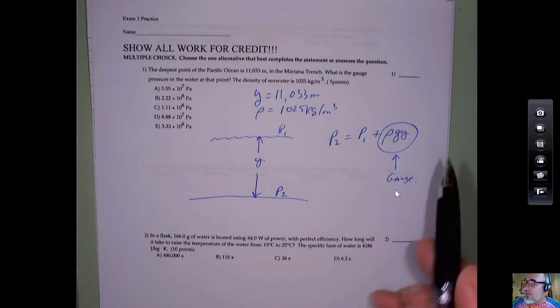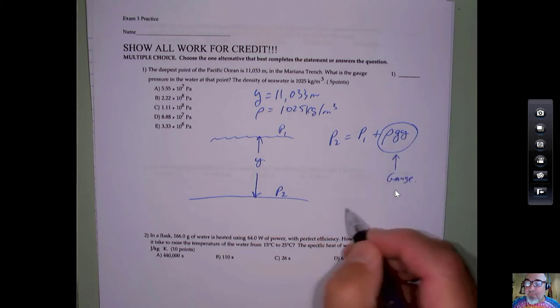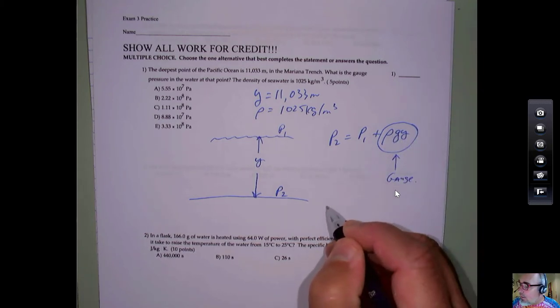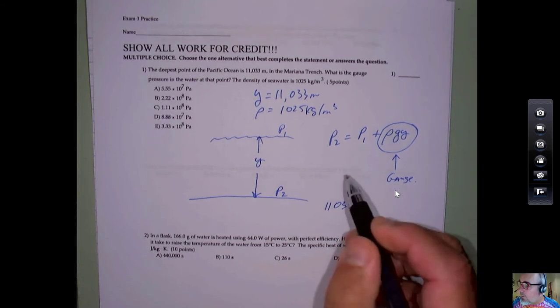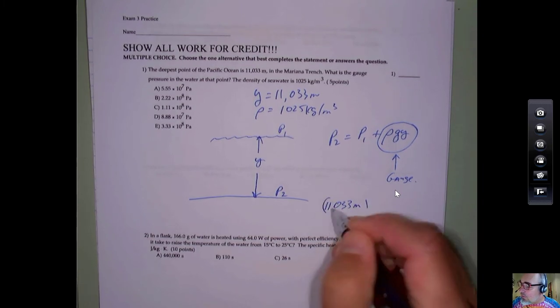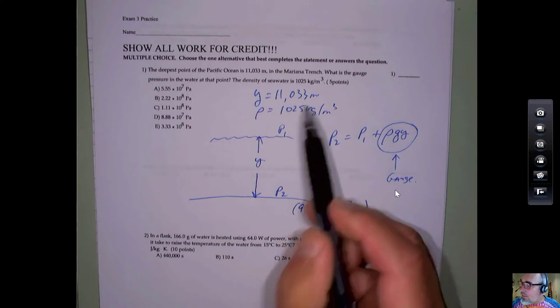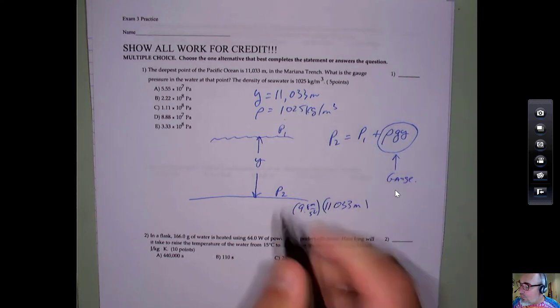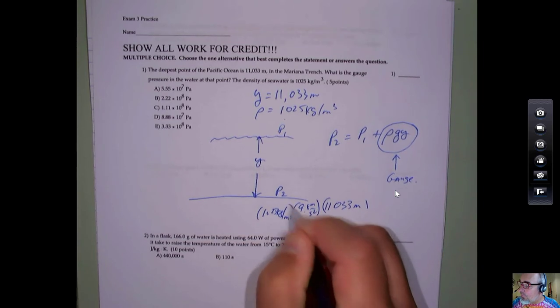So this is the gauge pressure part, and then we have everything here. We have the density given, g and y. This is the y part, in meters. g is 9.8, and then the density given in the problem, 1,025 kilograms per cubic meter.